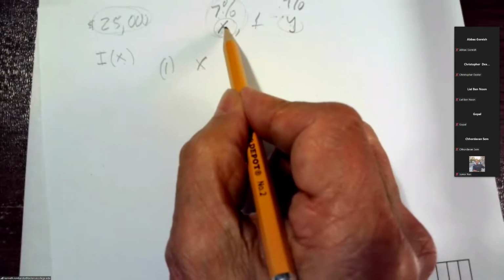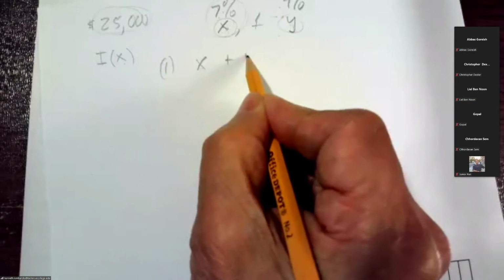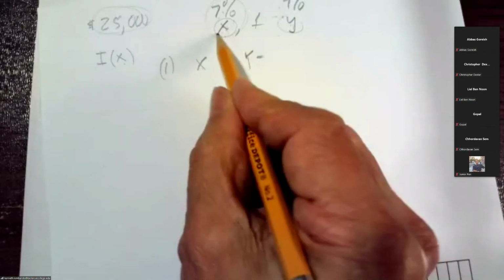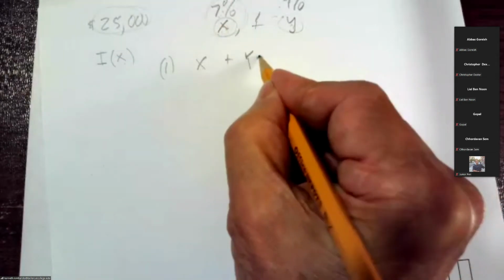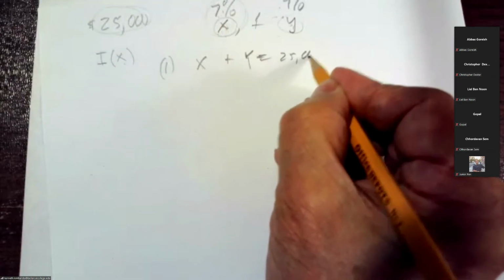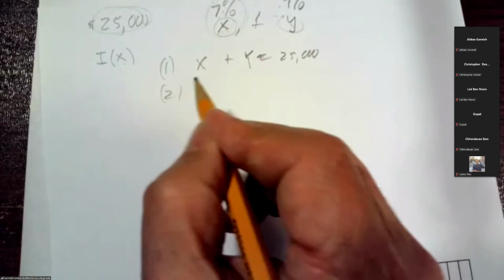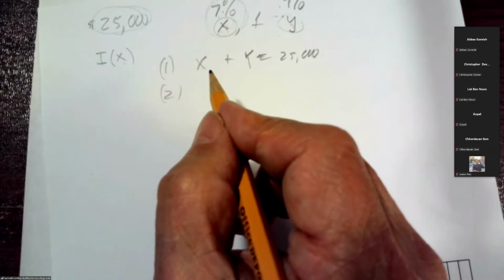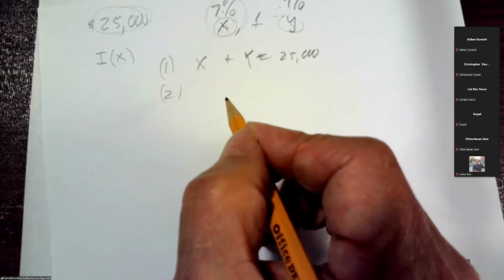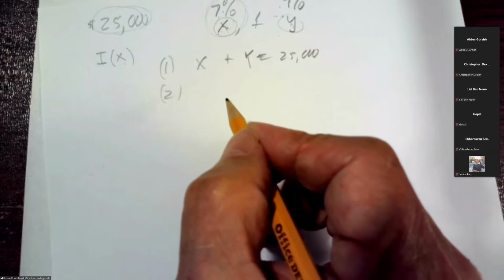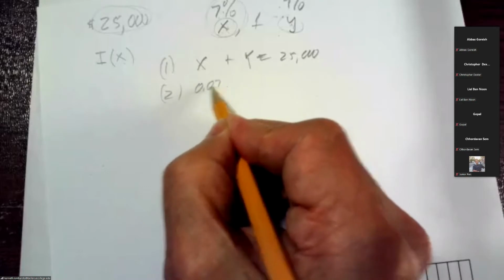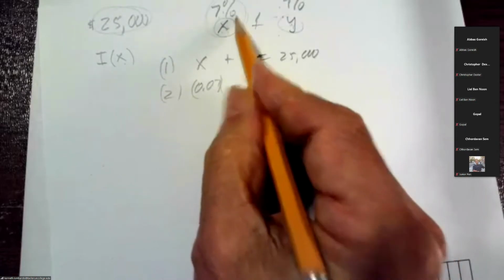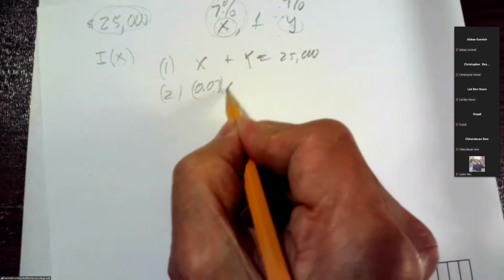So X plus Y, the amount invested here and the amount invested here, has to be 25, doesn't it? And then we need a second equation. The second equation might be, if we invest at 7%, and we represent 7% as 0.07, don't we?